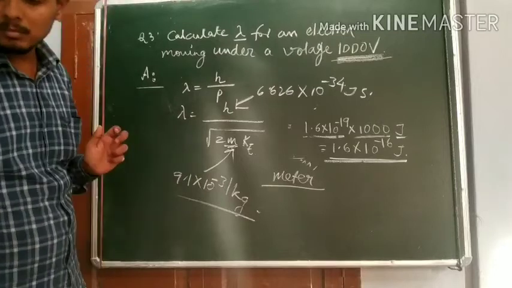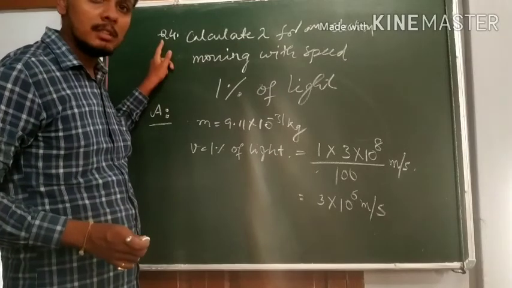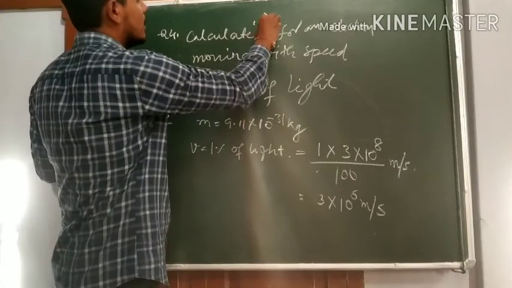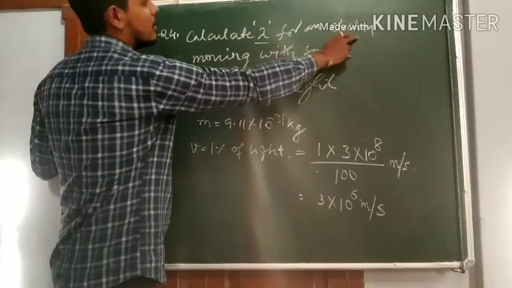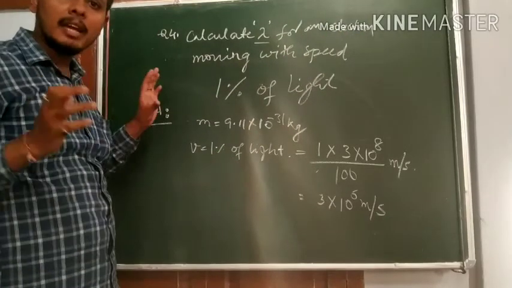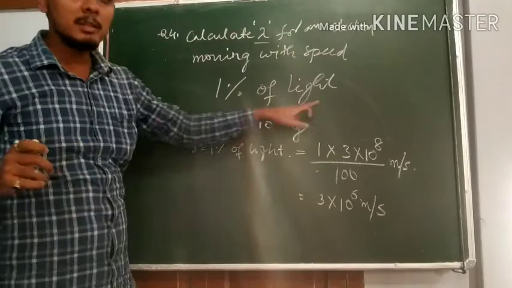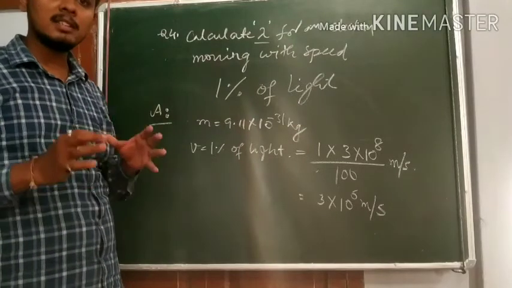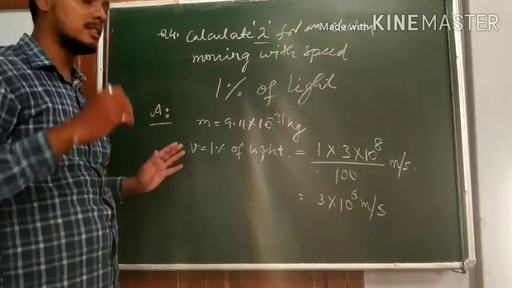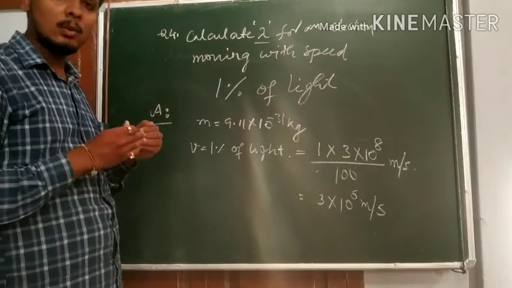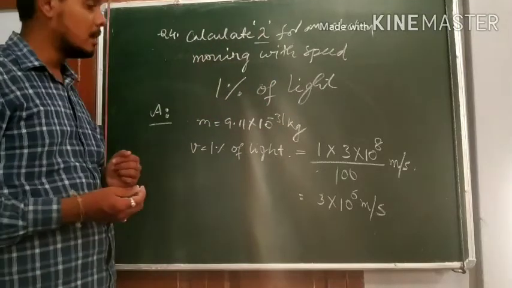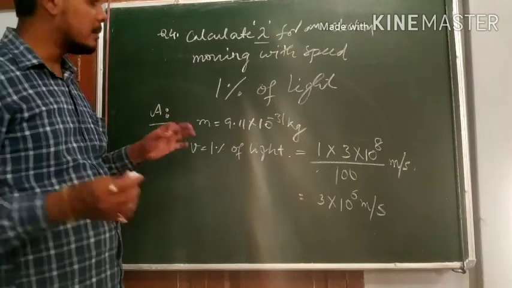Okay. In the fourth question, it is asked to calculate lambda for an electron moving with speed 1% of light. So an electron is moving at 1% of the speed of light. If the electron goes at 1% of the speed of light, then what will be the wavelength of the electron? So what is the speed of light?